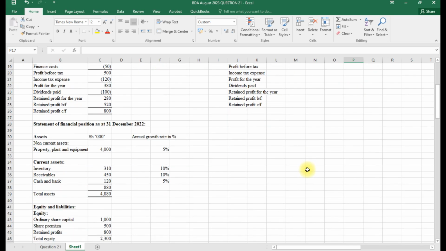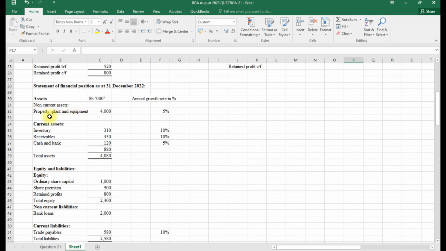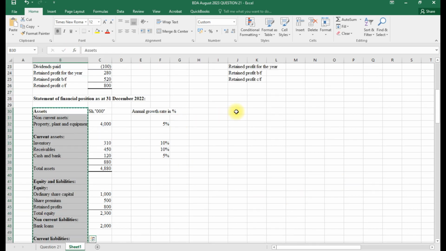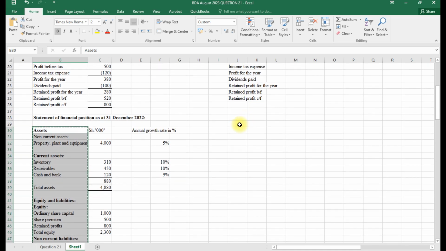And even this one, let me just prepare them together. Yeah, I will pick this, copy that, and I will paste it here.